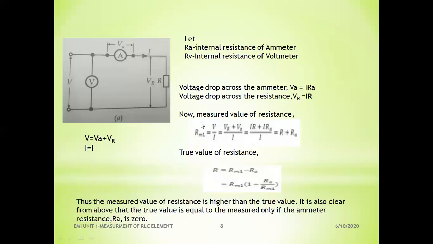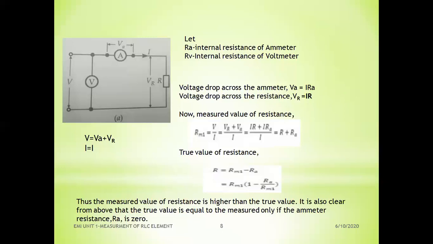We get the measured resistance as the sum of the unknown resistance plus the internal resistance of the ammeter. When we calculate the true value of resistance, that is, the unknown resistance R, we get Rm1 minus RA. Now we make Rm1 common, then we get this formula.